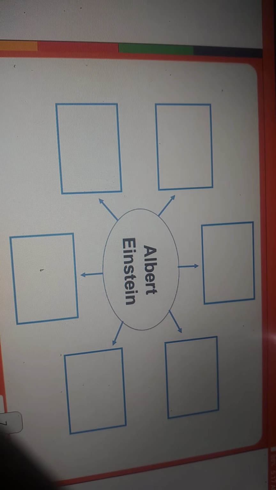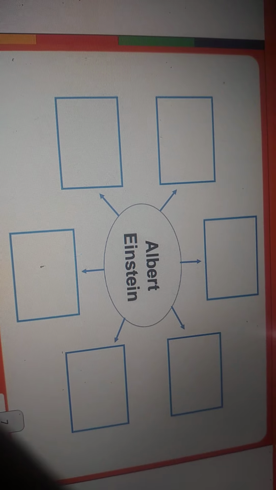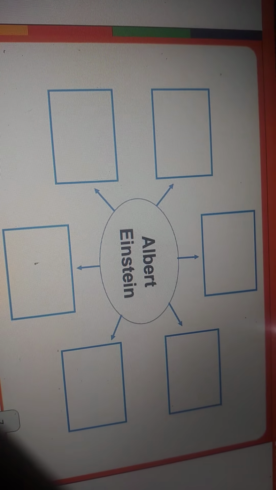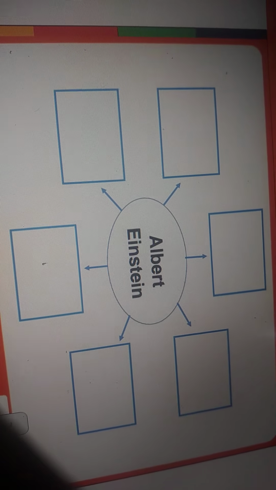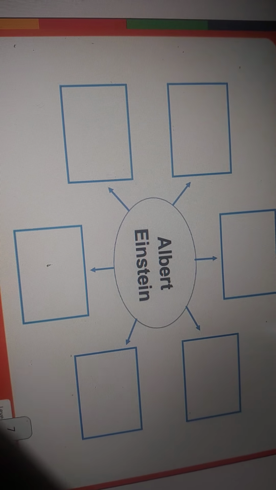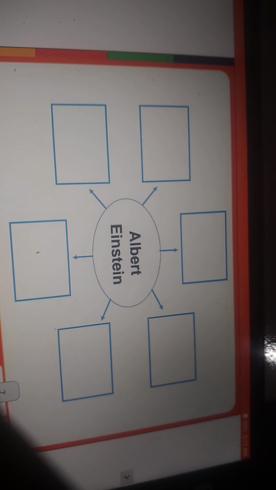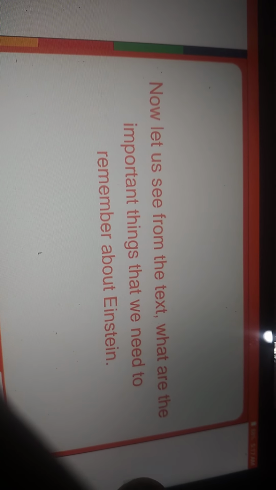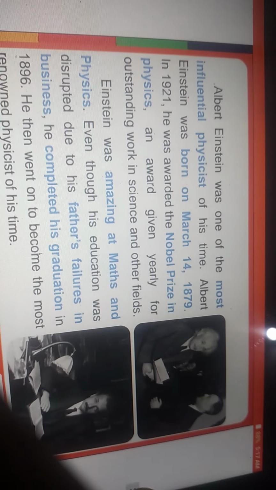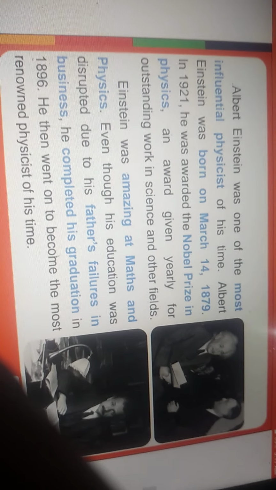I'll have you draw this picture in your note, children. So in the center part you write Albert Einstein. The other boxes you fill with details about Albert Einstein. It is on your own. Whatever you think is the main idea, you can write it.